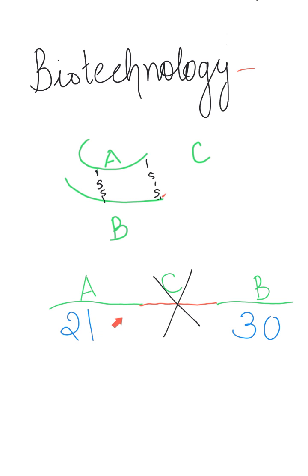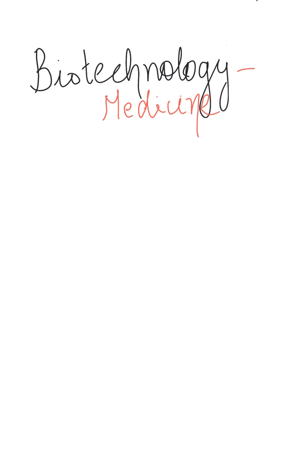When we say that insulin has 3 polypeptide chains, there are 3 genes responsible for this: a gene for A polypeptide, a gene for C polypeptide, and another gene for B polypeptide. So scientists isolated the gene for polypeptide A and the gene for polypeptide B.